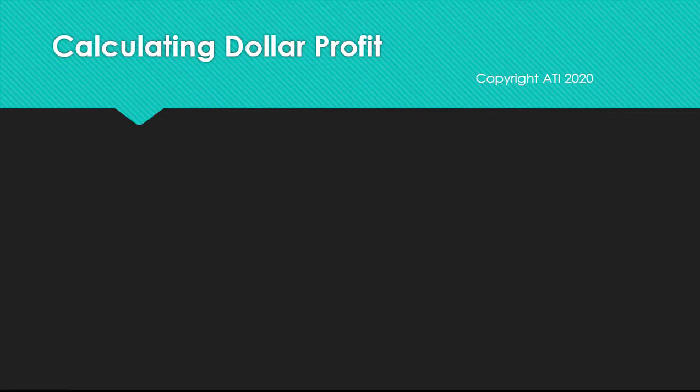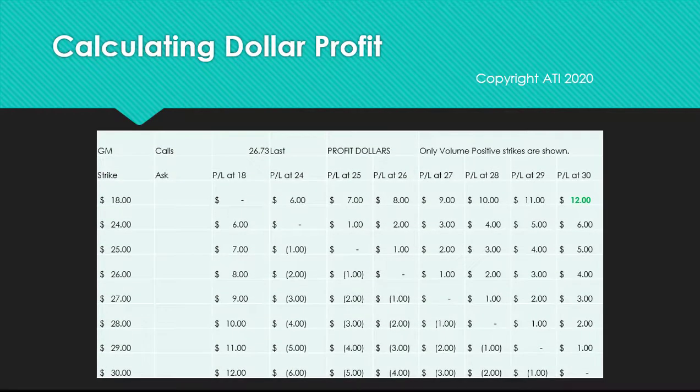So we're going to jump to a chart on General Motors stock. The last price in this particular case of General Motors was $26.73. These option strikes are options with ongoing transactions. There are no option strikes listed here that have zero interest or zero volume.